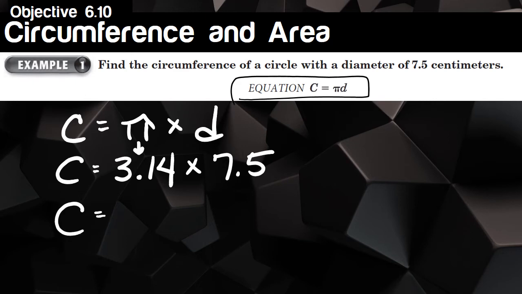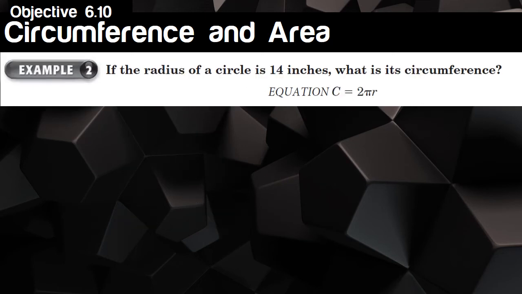When we hit this in the calculator, 3.14 times 7.5 gives us about 23.55 centimeters. That's the distance around that circle.